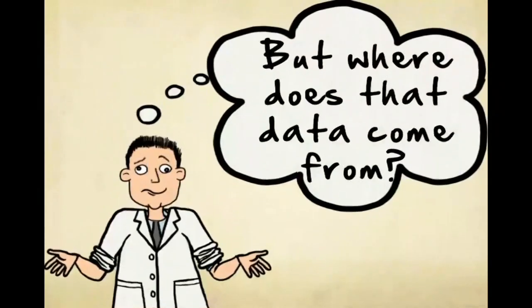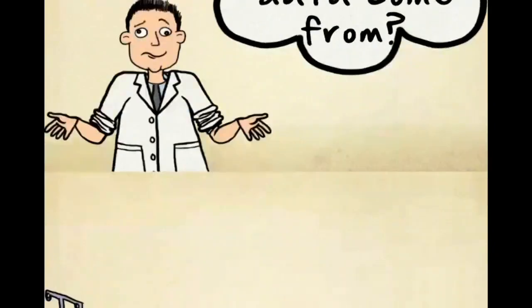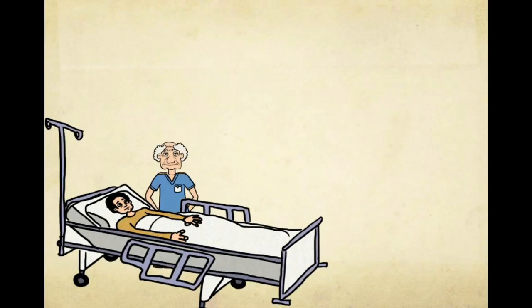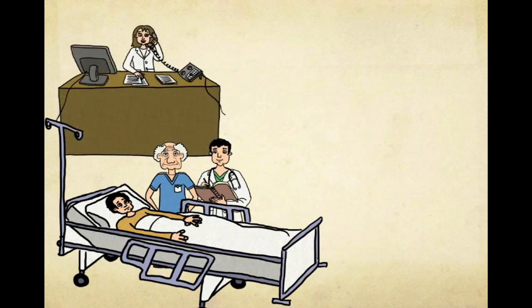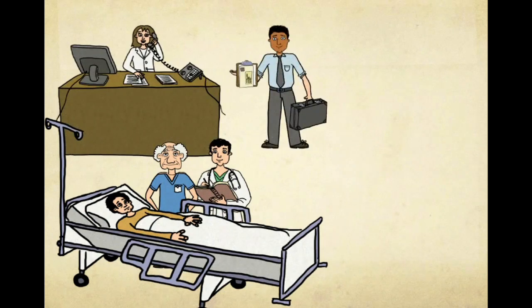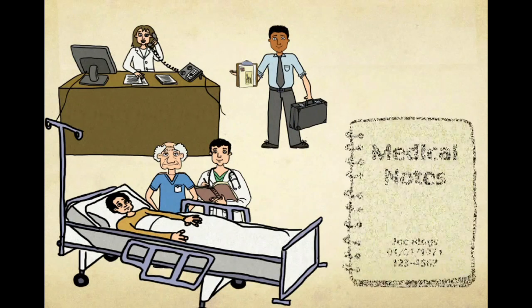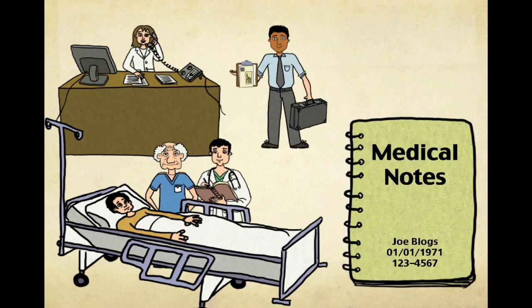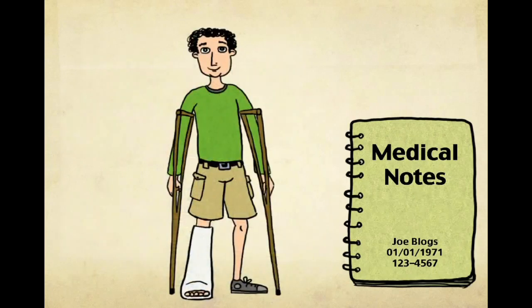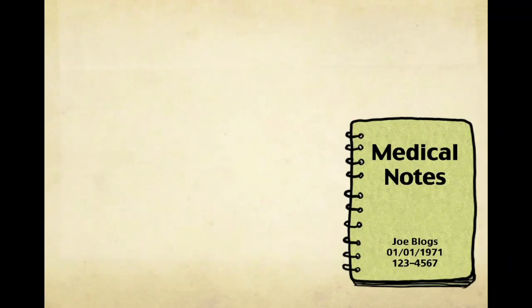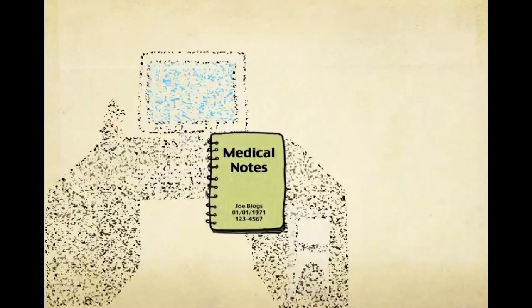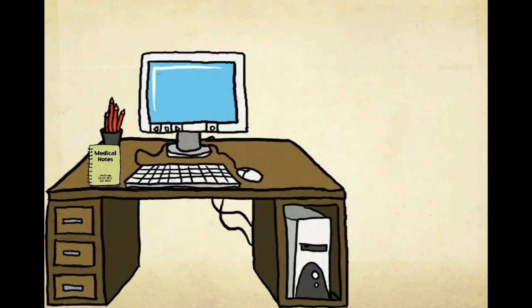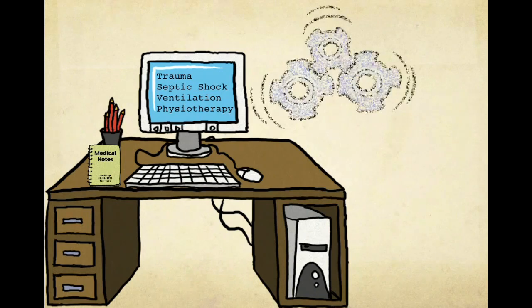But where does all that data come from? When teams see a patient on ward round, are seen by after-hours juniors, or seen by other teams as consults, all this information is collected into the medical notes. And once a patient is discharged, the patient notes are sent to the medical record department for clinical coding, which allows all their diagnoses, procedures, comorbidities, and any other complications to be captured.